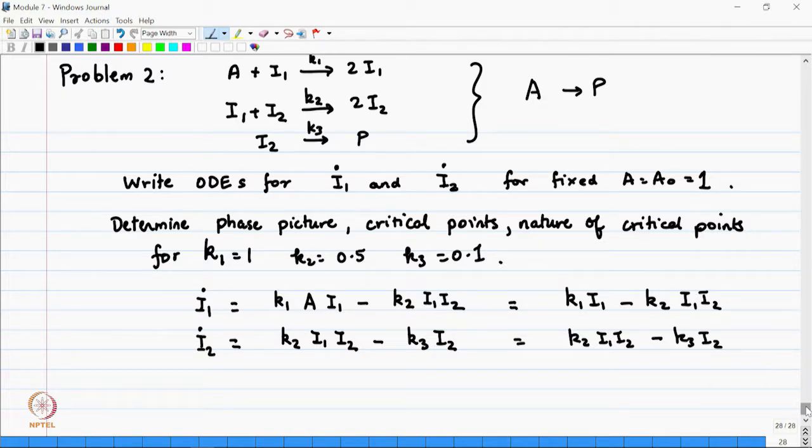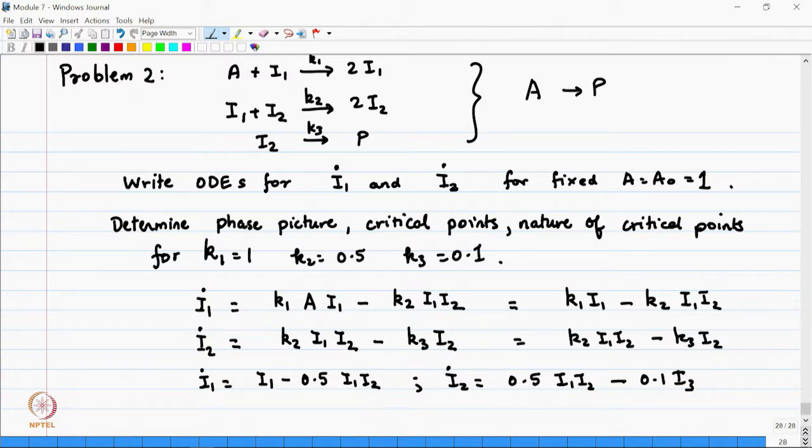Okay. Then you have to determine the phase picture, critical points, and nature of critical points for K1 equal to 1, K2 equal to 0.5 and K3 equal to 0.1. So, let us write the equation. So, I can write the equations as I1 dot is equal to K1, that is I1 minus 0.5 I1 I2, and I can write I2 dot is equal to 0.5 I1 I2 minus 0.1 I2.